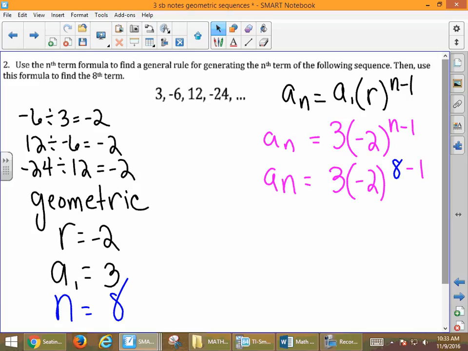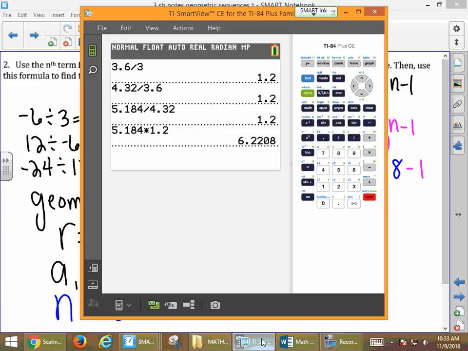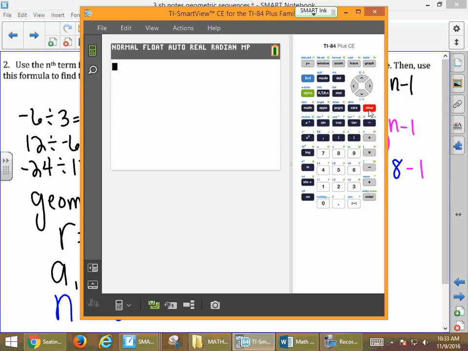And then we can type that in our calculator. 3 times negative 2 to the 8 minus 1. And that gives us a value of negative 384.